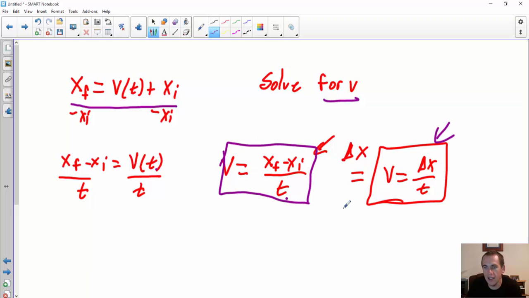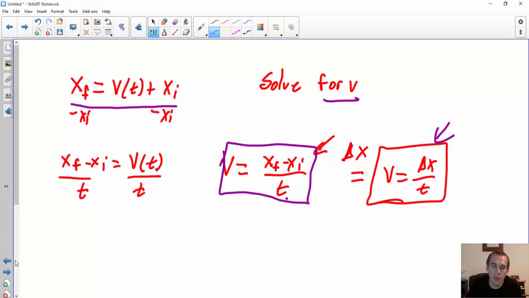So this one equation for velocity is also the same equation for calculating final position. You just have to do a little bit of algebra to either solve it for final position or solve it for velocity. You could do a little bit more algebra and solve it for initial position if you wanted to.